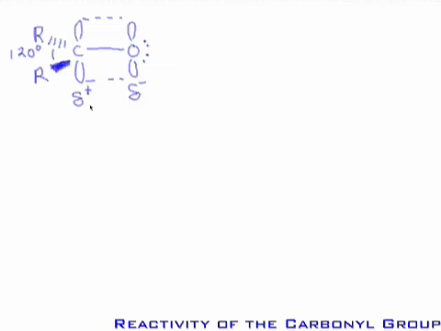So all these features combine to influence reactivity. The planar structure, trigonal planar shape because of sp2 hybridization, its flatness, if you like, means it's more open and exposed to attack at the carbonyl.